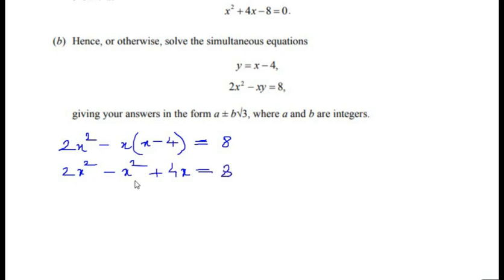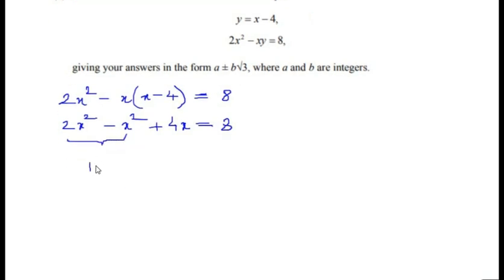Now 2x square and minus x square are like terms, so we can combine them, and that gives us 1x square plus 4x, and we take this 8 over to this side, getting negative 8 equal to 0.